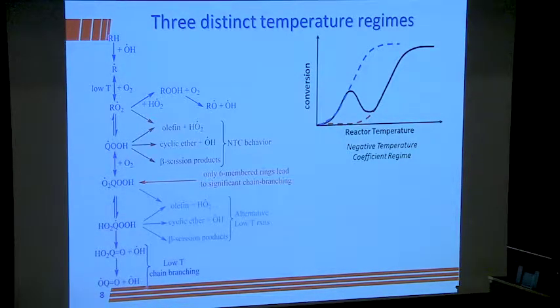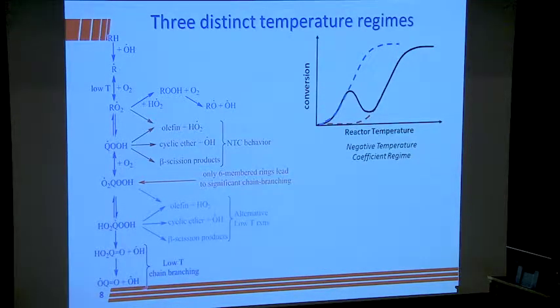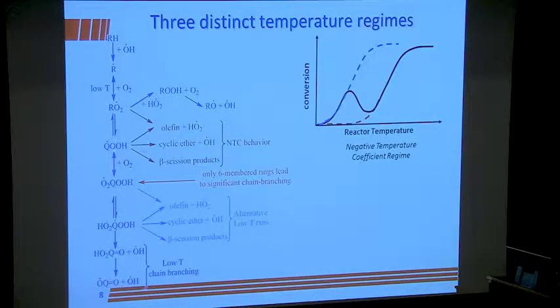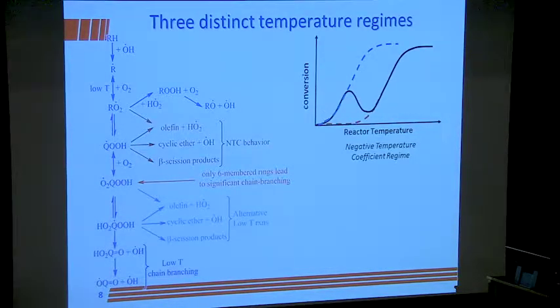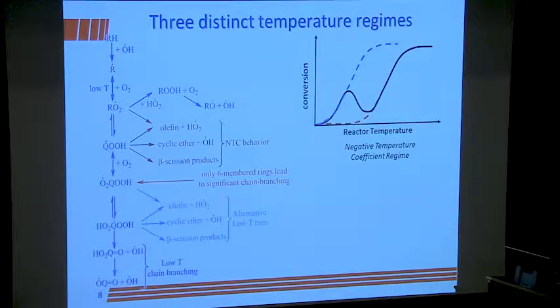Well, all these reactions cause that. But really, in my opinion, the fulcrum lies here at the hydroperoxy alkyl radical for this negative temperature coefficient behavior. And I'll talk a little bit more about that in a few more slides.